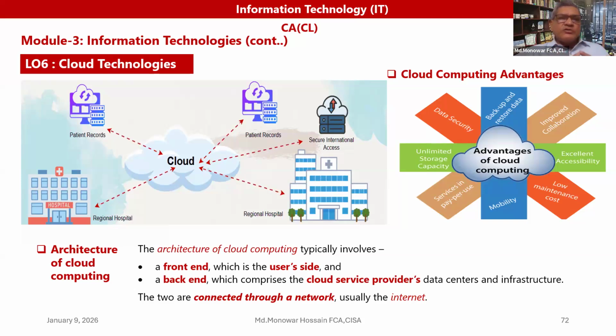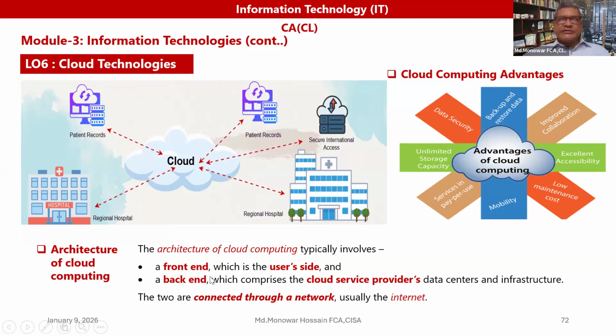So cloud computing has an architecture, and the cloud computing architecture has a front end and a user side. Front end is the user side, what we are seeing on the front side. Then the back end is the cloud service provider side. Within the back end, the data center and infrastructure are there. The two are connected through a network, usually the internet.